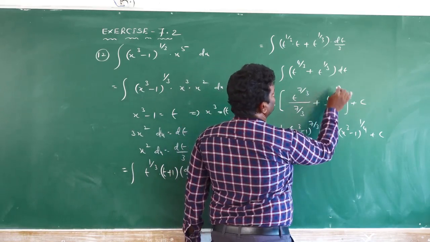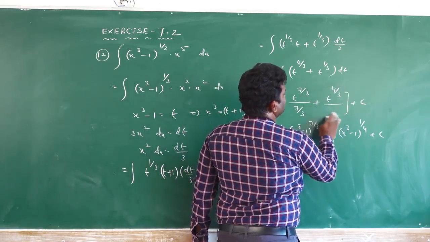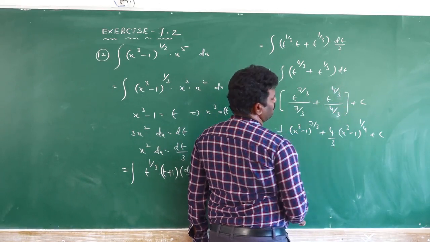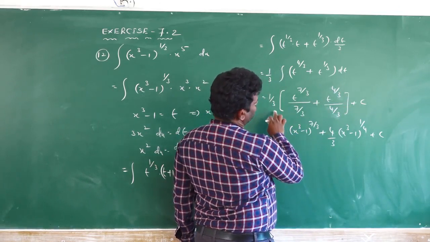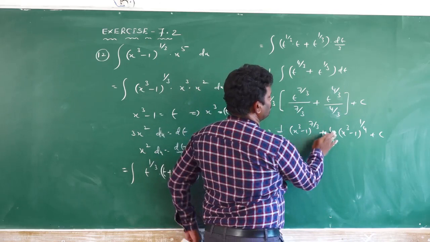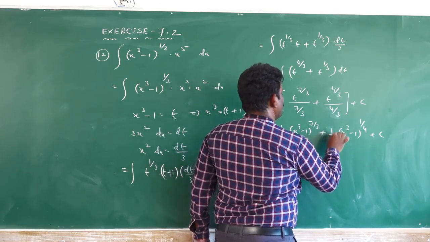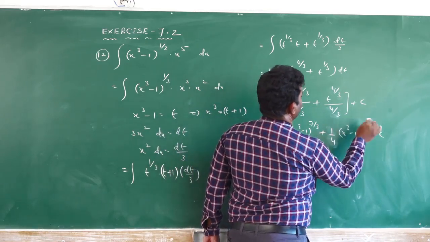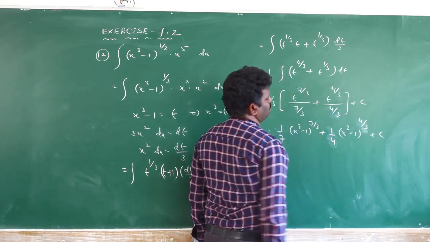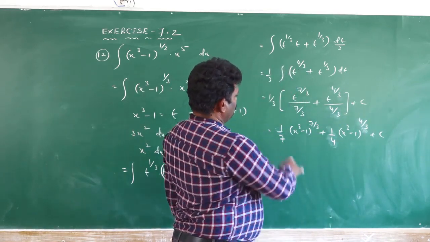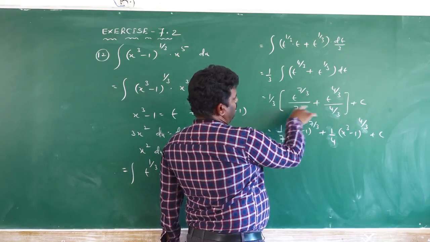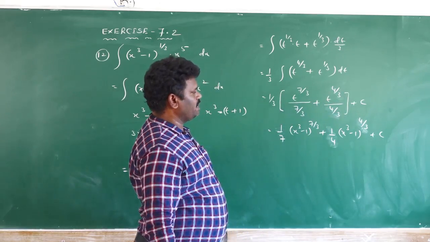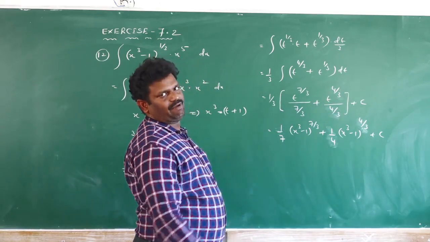The 3 cancels, so it is 1 by 4 into x cube minus 1 whole power 4 by 3, plus 1 value.